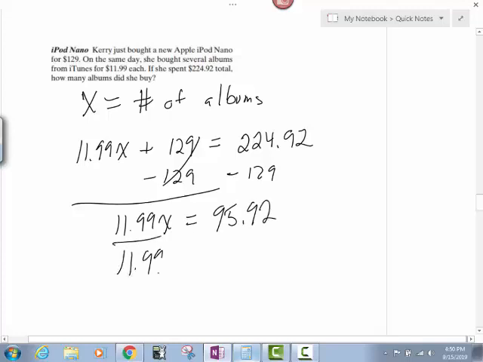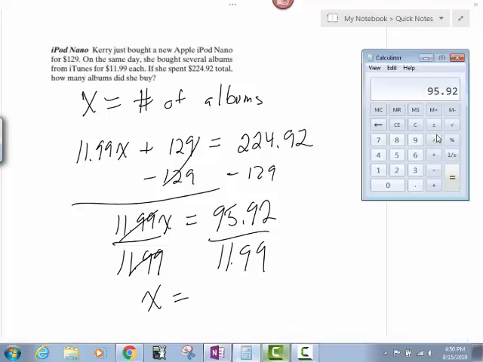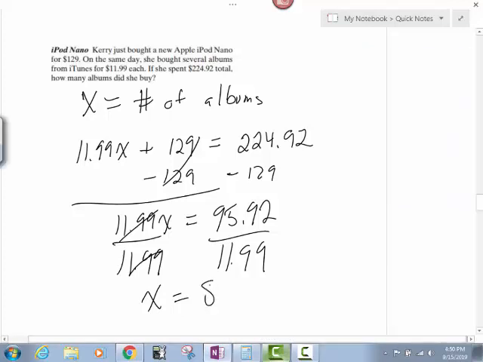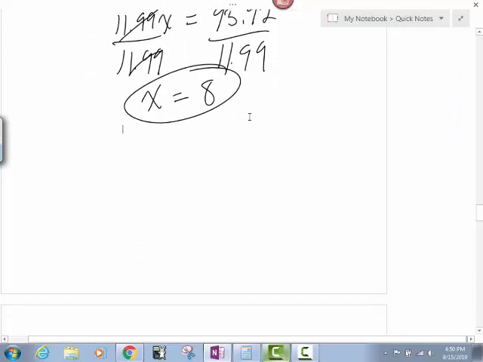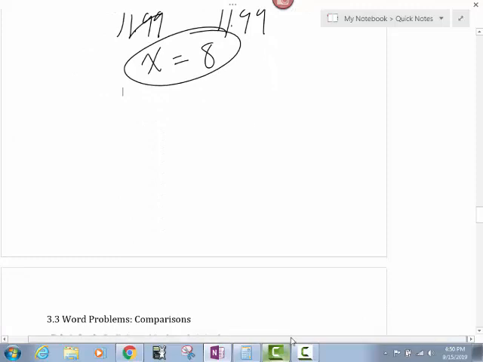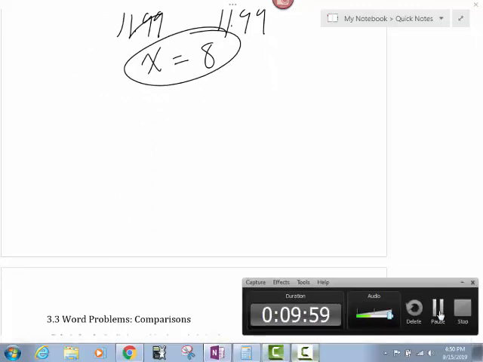And if each album was $11.99, we can figure out how many albums she bought. So let's divide it by $11.99, and a total of 8 albums, right? Boom. There we go. All right, so that right there, guys, is 3.2.